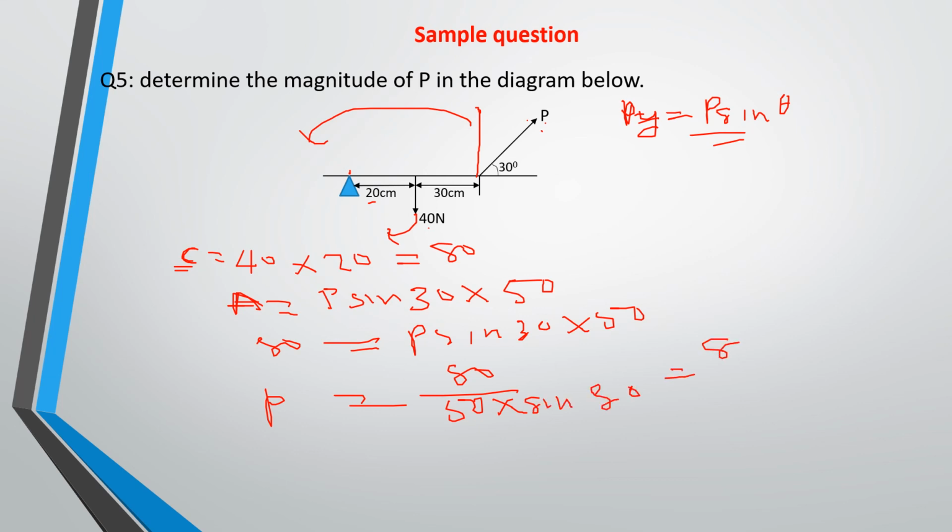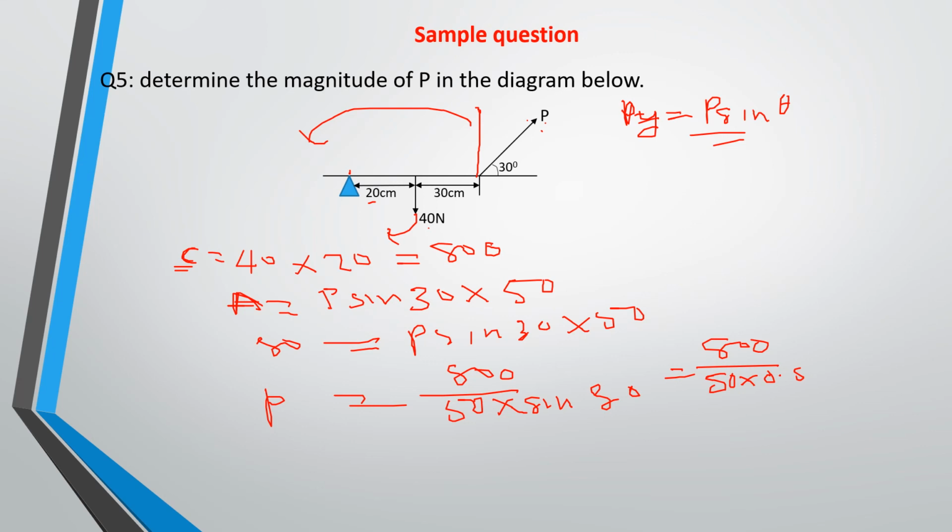So 80 over 50 times sine 30, and sine 30 is equal to 0.5. Sorry, 40 times 20 is 800, not 80.